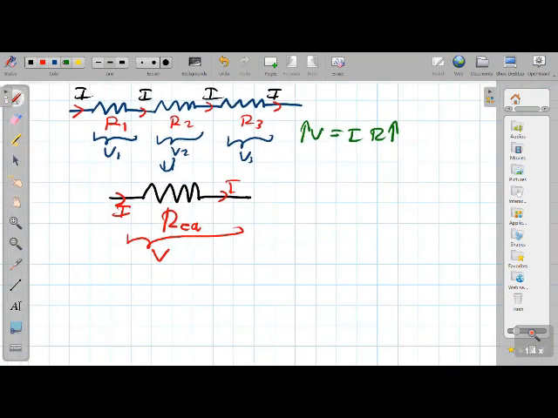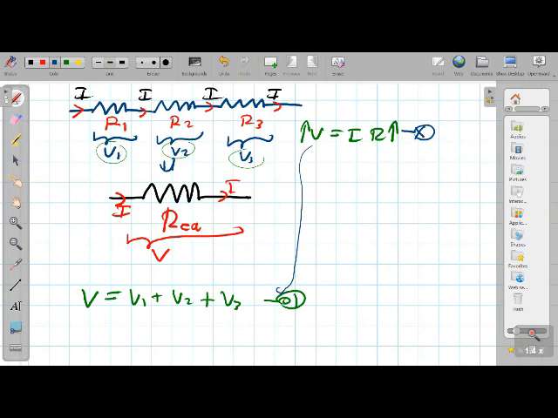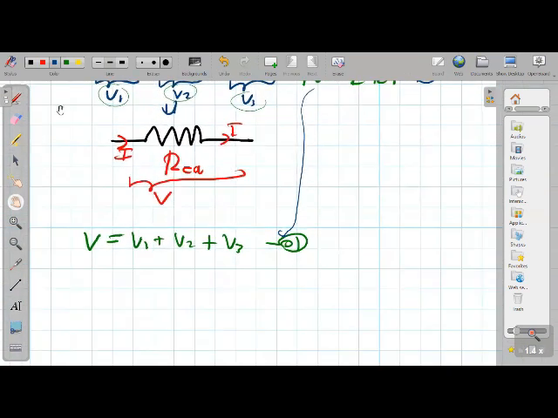This split of voltage should equal the sum of the voltages. So you can write V equals V1 plus V2 plus V3 as equation number 1, and we can substitute Ohm's law into equation number 1.